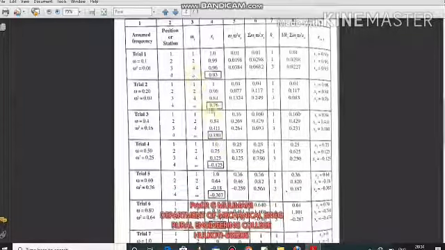You are repeating all these steps until you get a change in the sign three times. What does it mean? See here, for this frequency the displacement value is positive. For this displacement it is again positive, there is no change in the sign.